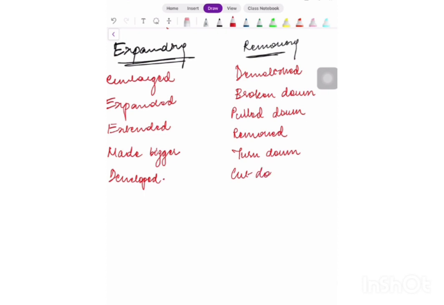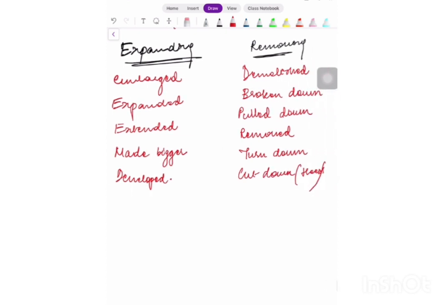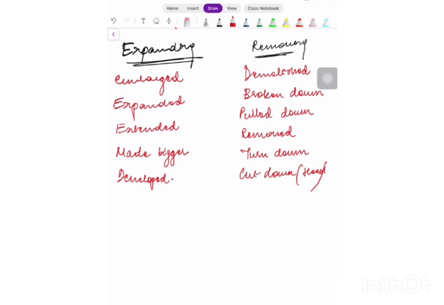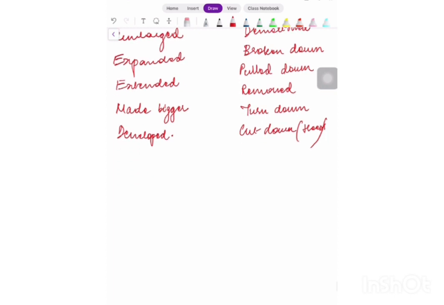Cut down is specifically for trees. So we'll be able to use such words in a sentence where, like in a map, they said that a particular area was demolished and made into so and so area, or a particular room was expanded, extended, enlarged, and it was made into, and then whatever your sentence is.